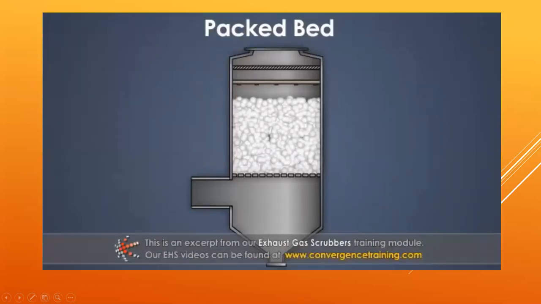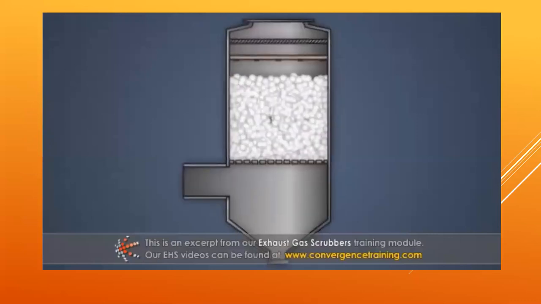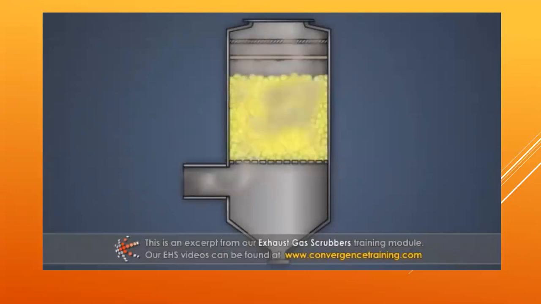Also called scrubbers, designed to remove both particulate matter as well as gases. Contaminated gas is sent into the tower. Inside the tower is a bed of special packing material. Nozzles spray scrubbing liquid on top of the packing material, and the liquid works its way down the tower.